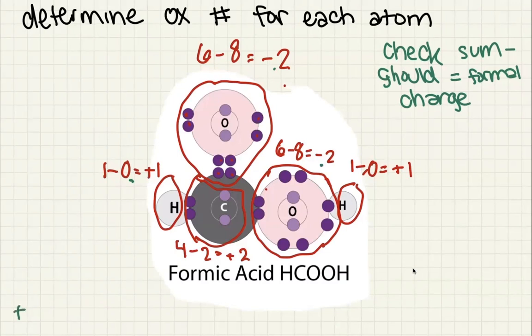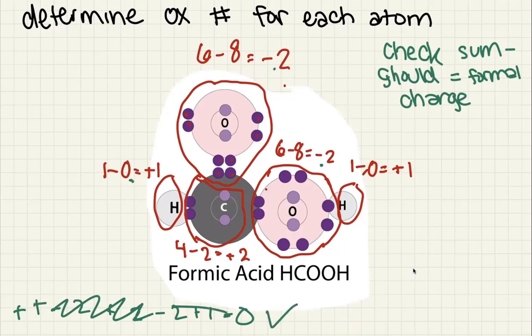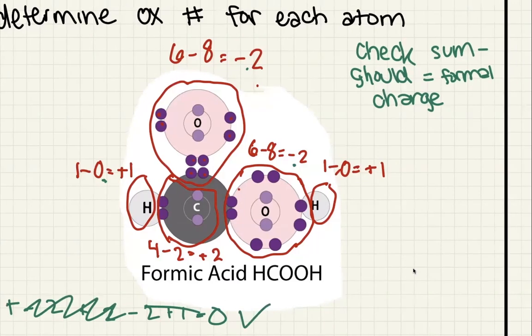We can write that out: +1, -2, +2, -2, +1. And if we do this, we cancel out and get 0. And so that's what we wanted. So this is going to be valid.